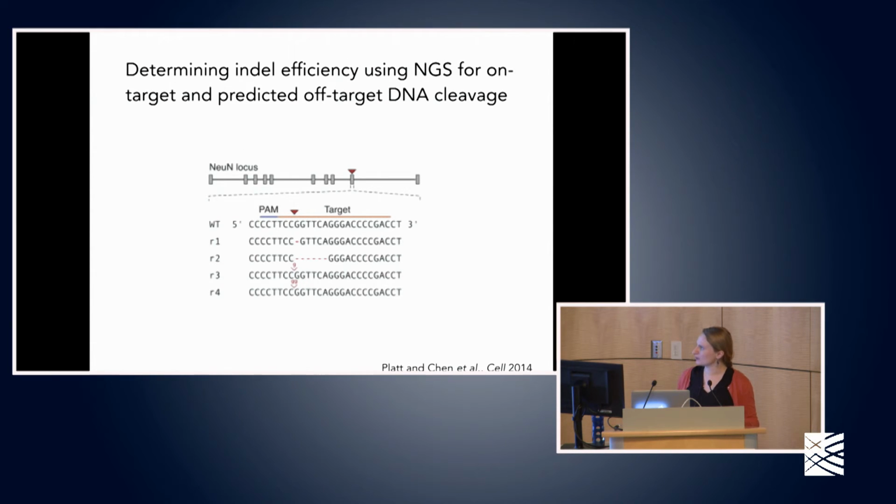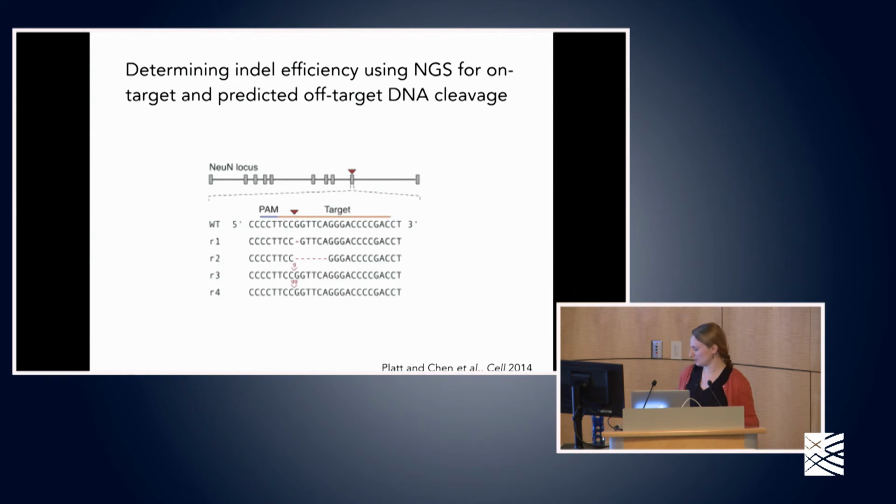One of the quickest and most informative ways to test for on-target and off-target cleavage is to just use NGS. With NGS, all you need to do is design primers that flank the region of your targeted DNA editing, and then you can also look at some of your off-target sites too.